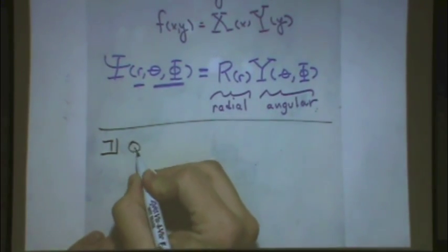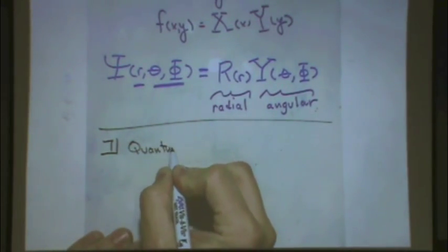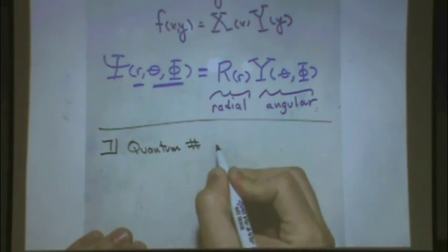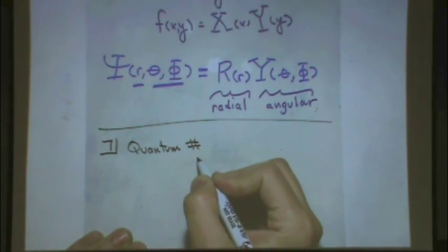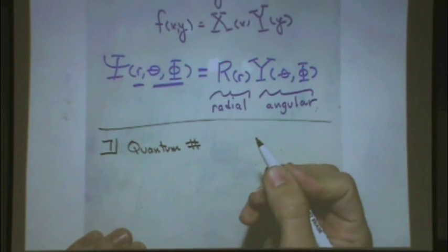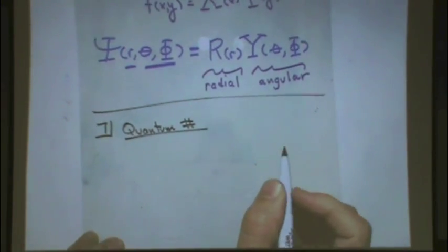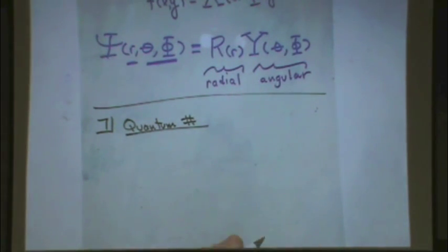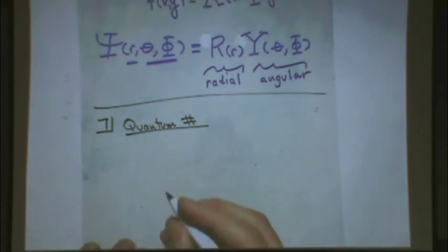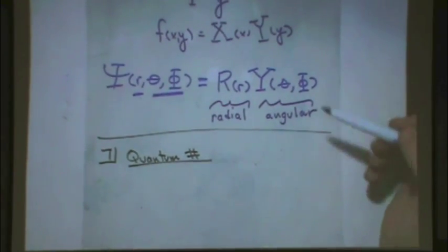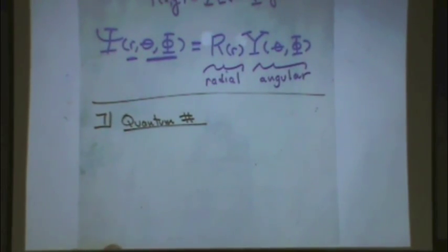Okay, we're going to talk about something called quantum numbers. I'm going to describe a couple things that we call quantum numbers. So we're taking a little pause from the wave functions for just a little while.